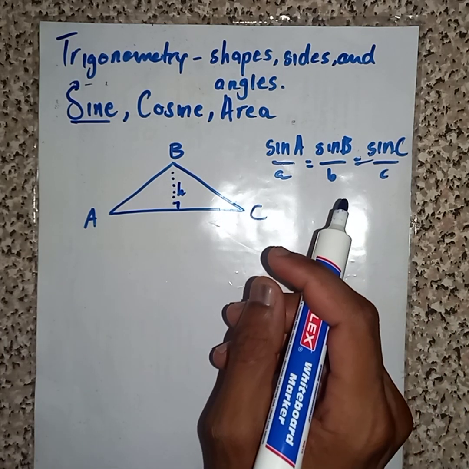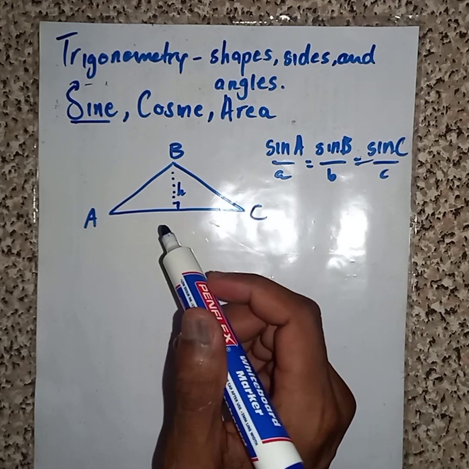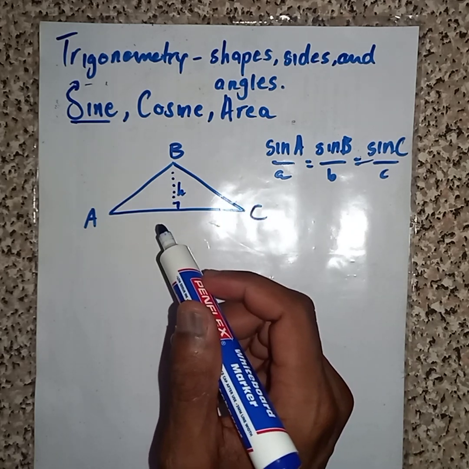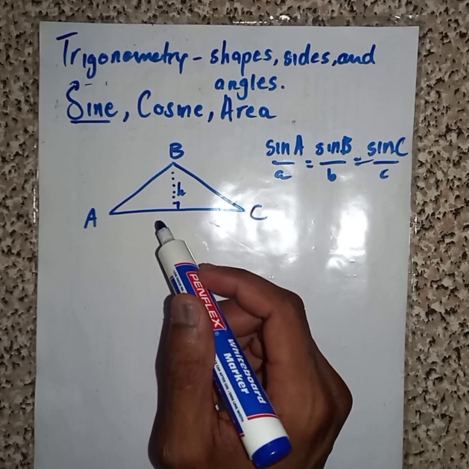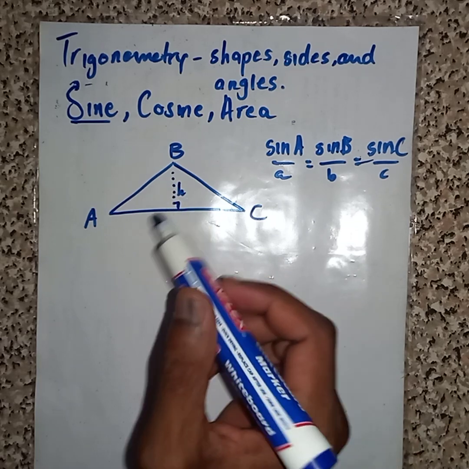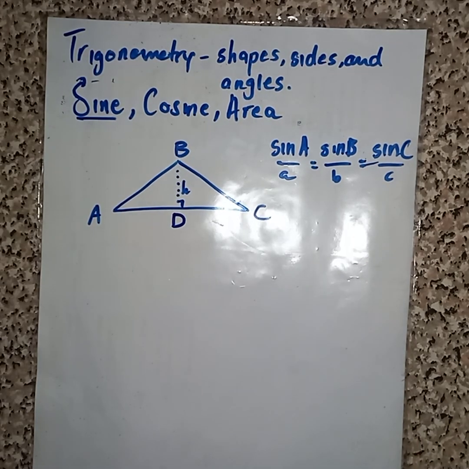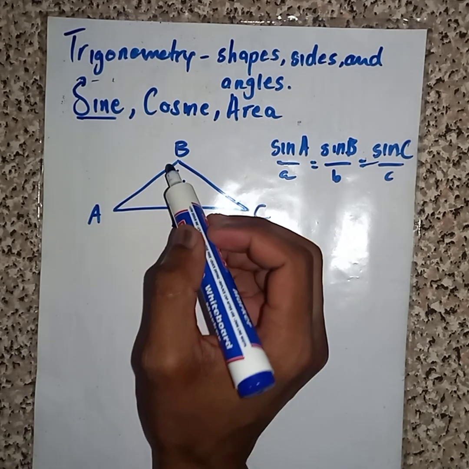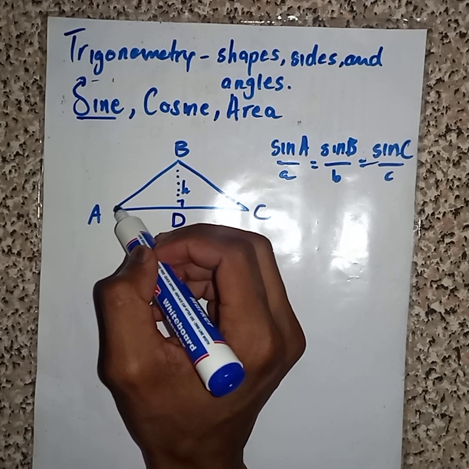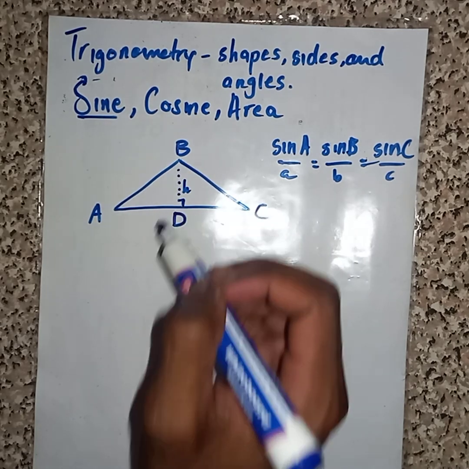Then now, if you look carefully at this given triangle, we are going to have two triangles. Honestly speaking, we are going to have three triangles. But now, let me name this one D. Then we are going to have a triangle ABD as well as CBD.